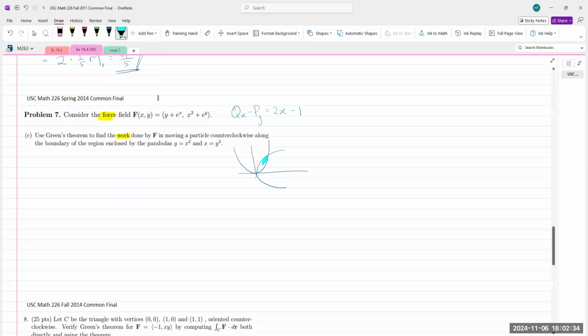We will deal with this region later on. So the work will be the integral over that closed curve C of F dot dr. According to Green's theorem, that will be the double integral over the blue domain of 2x minus 1 dA.